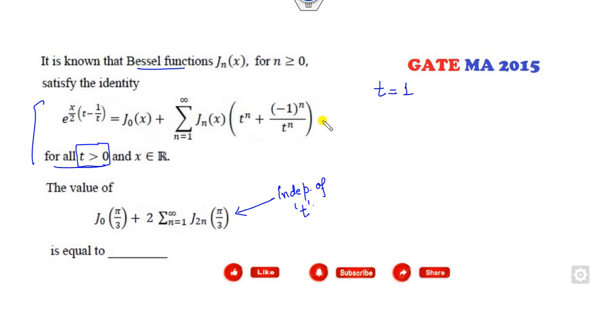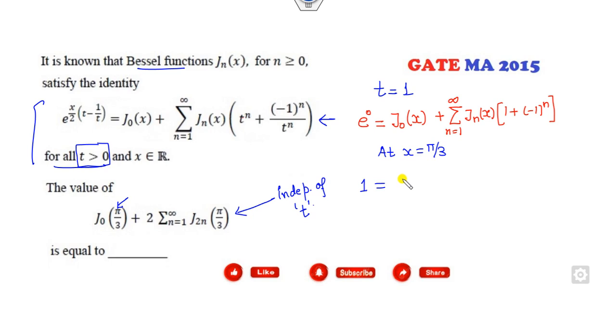So if I substitute t = 1 here, what will happen? This is 1 minus 1, which is 0, so e raised to power 0. This will be J0(x) plus the summation of Jn(x) times 1 plus (-1)^n, where n varies from here. Now your target is to find the value at pi by 3.